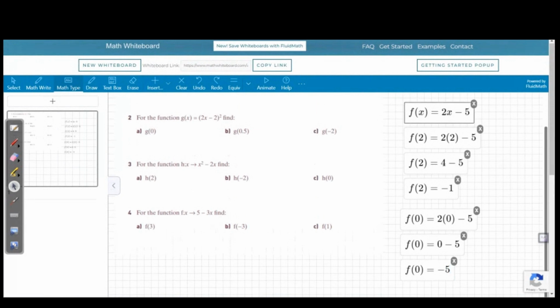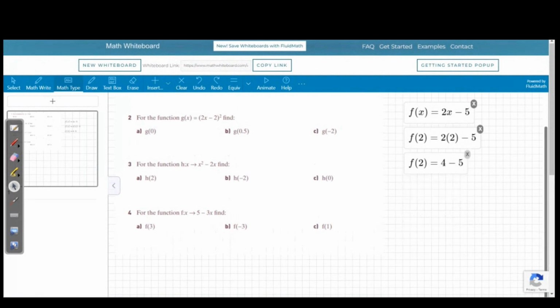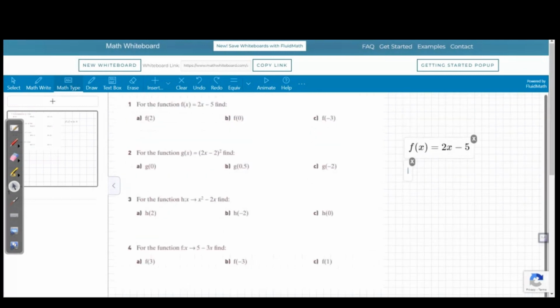We are still using this function. It says f of negative 3. So wherever there's x, it changes to become negative 3. So this is f of negative 3.